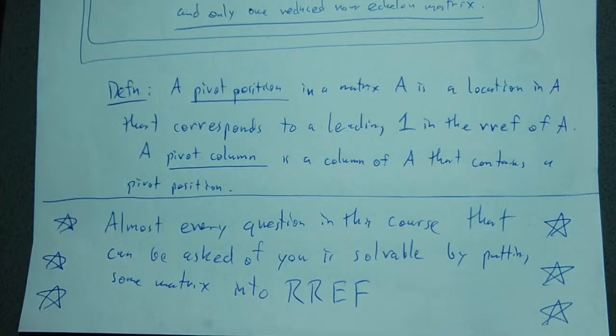So what is this process for putting something into reduced row echelon form? Maybe I should do an example, and then we'll list out the process. I'm not actually going to write out the entire process. I'll just show you all where it is in the textbook and go through the steps one at a time.